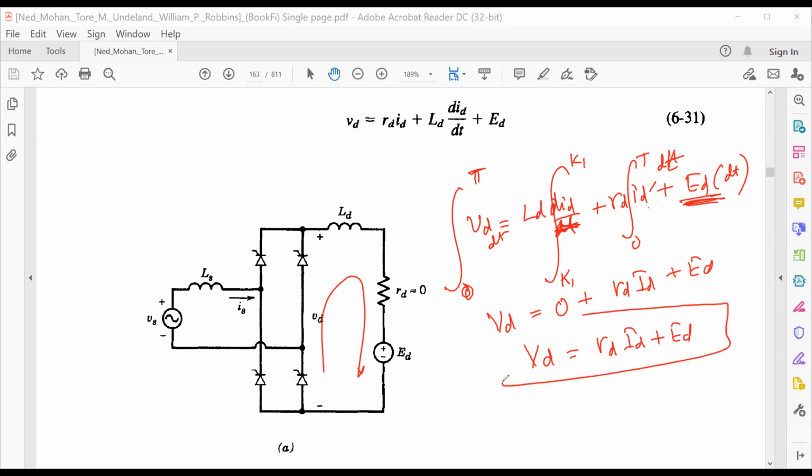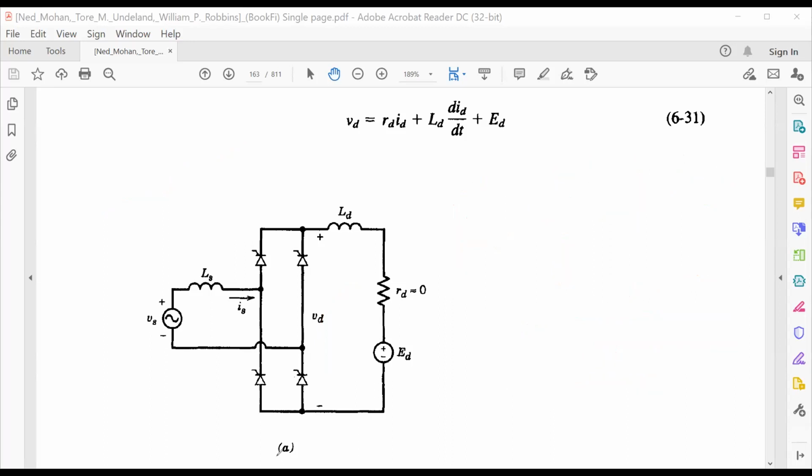Again, this is natural, right? Because when the current is fluctuating, the average value of voltage across the inductance, you know, will be 0. So the output voltage VD will be equal to RD multiplied by ID plus ED. So that has also been established in your book.